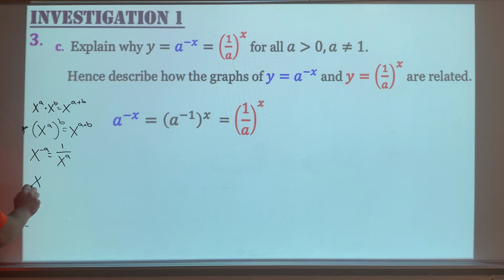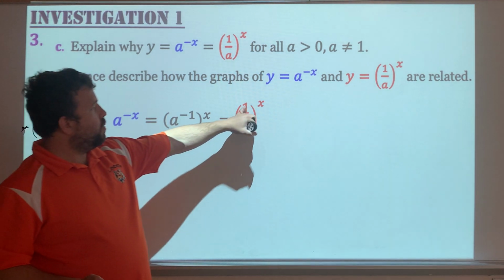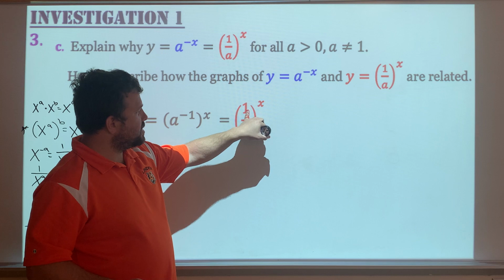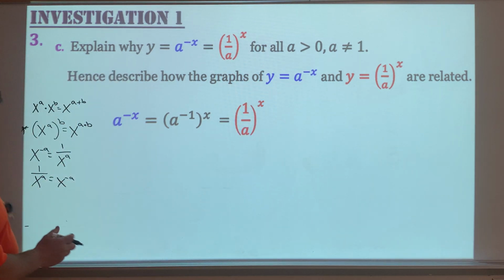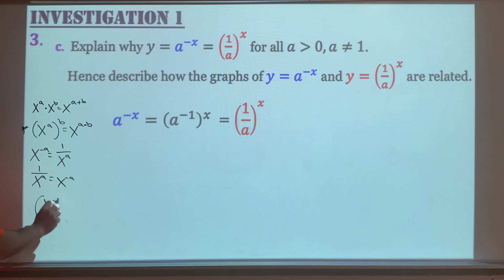Or 1 over x to the a equals x to the negative a. And that's what you're doing here. 1 over a to the x is 1 to the x over a to the x, so you're using another rule. This is a tricky one: x to the a over y to the b, all to the c. You would raise both of these to the power.